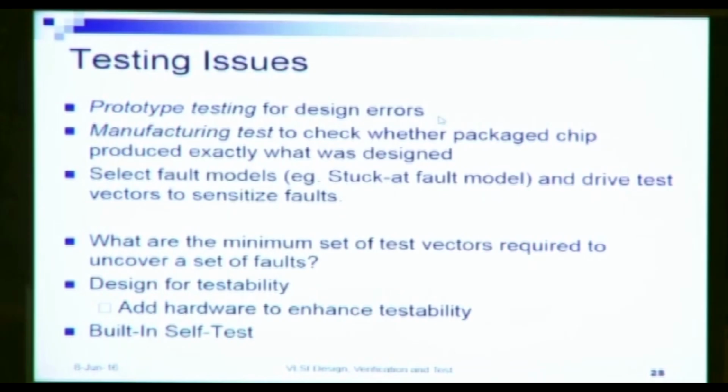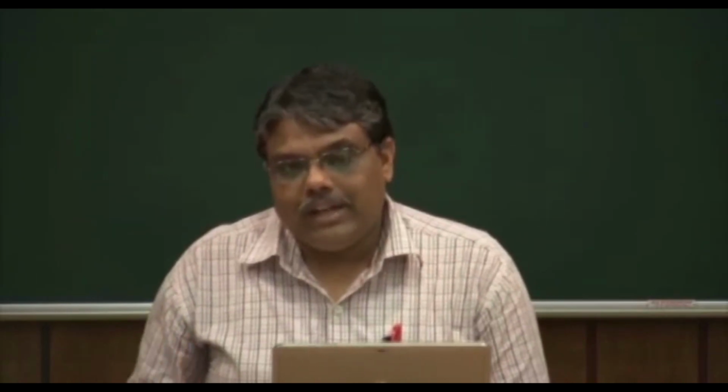If I have design errors, the last place to check is by driving a set of test vectors through the prototype and seeing whether all the outputs are correct always under all conditions, that over all test inputs to this circuit, the output of the circuit matches the expected golden output. So this is called prototype testing.